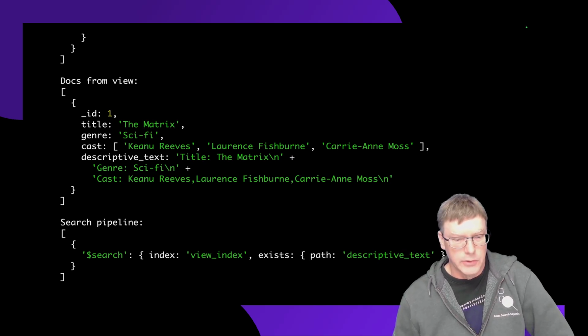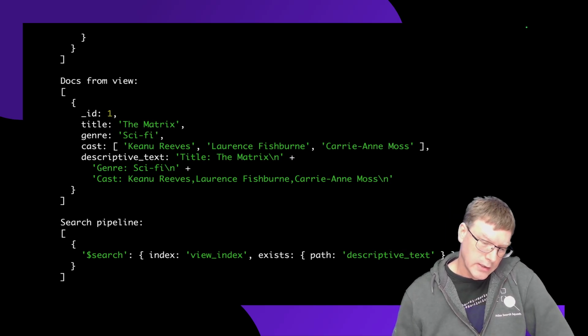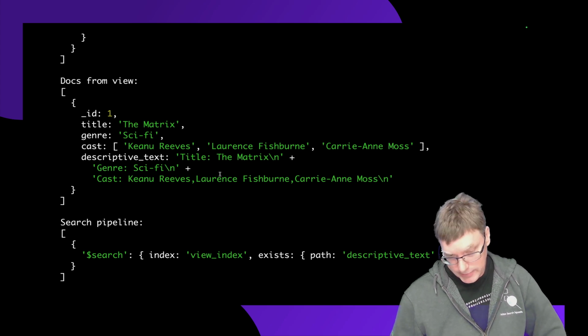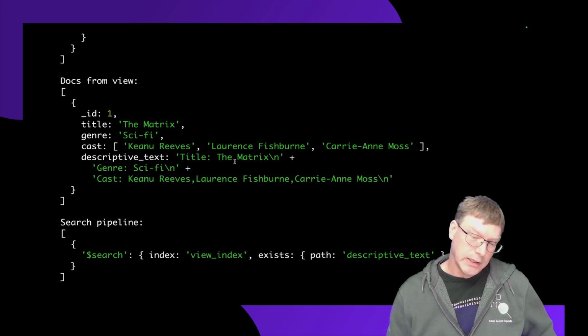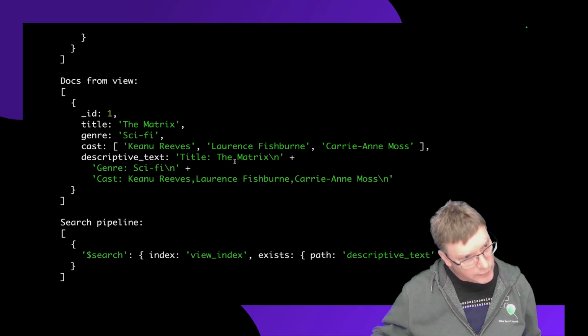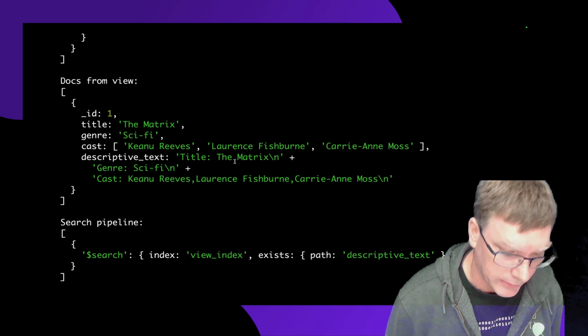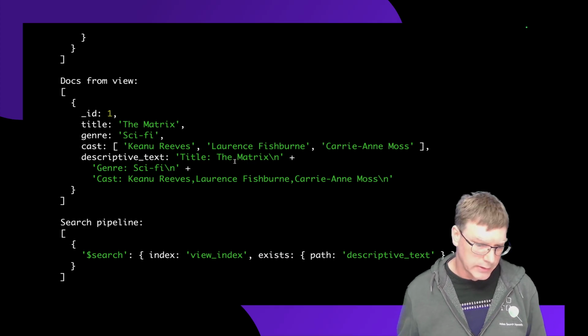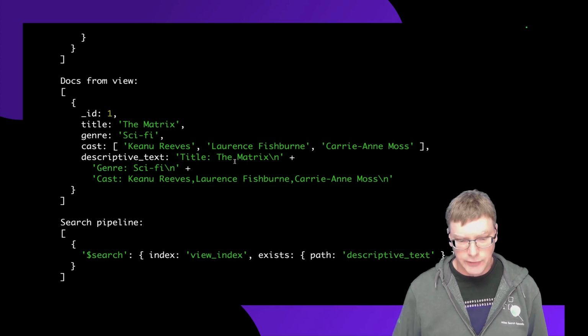This is also a really useful technique that can be used with the upcoming auto embedding capability because the auto embedding will vectorize a field on the back end, on the server side, so that you don't have to concern yourself with the embedding model and embedding text yourself.